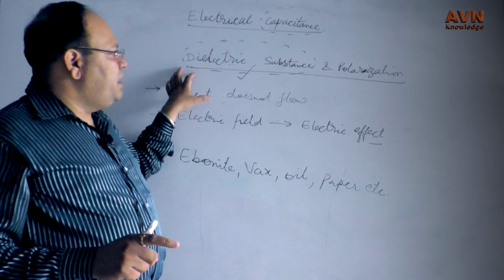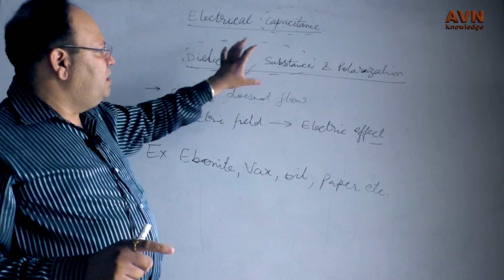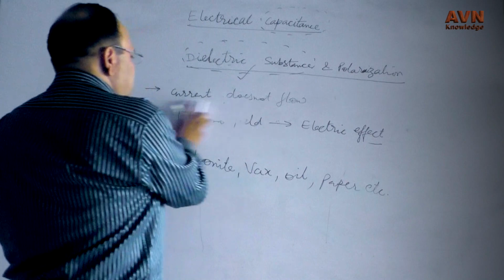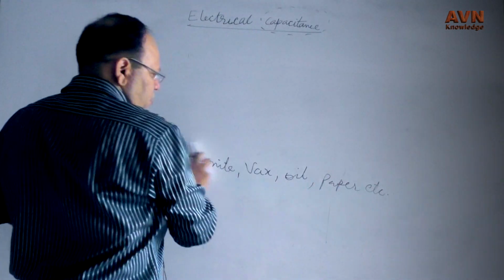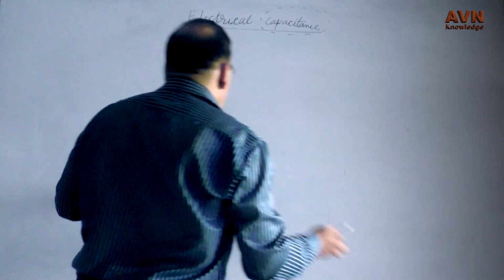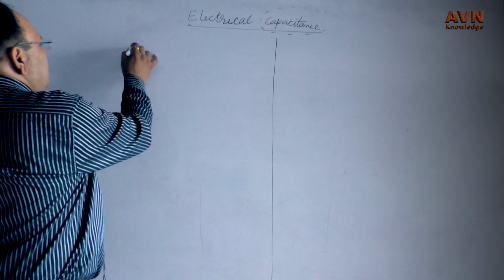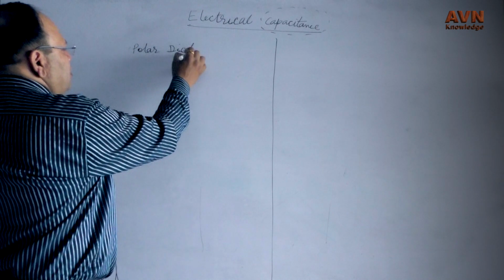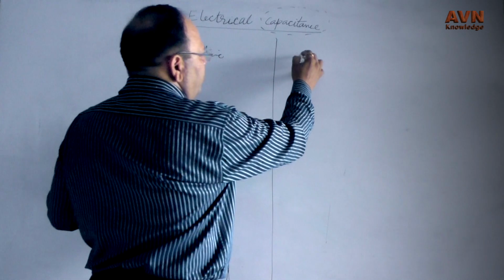There are two types of dielectric substance. The first is polar dielectric and the second is non-polar.